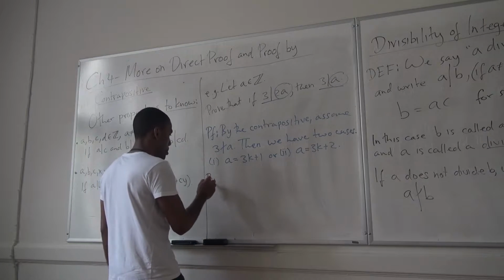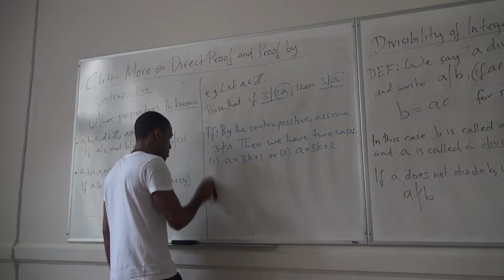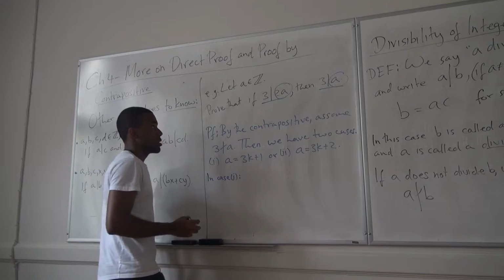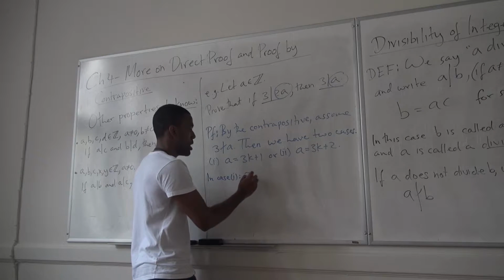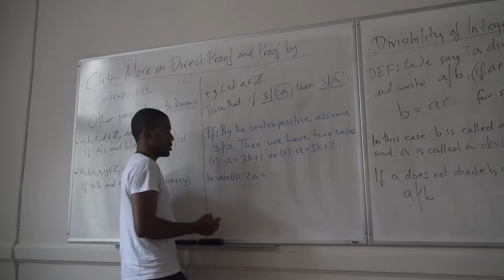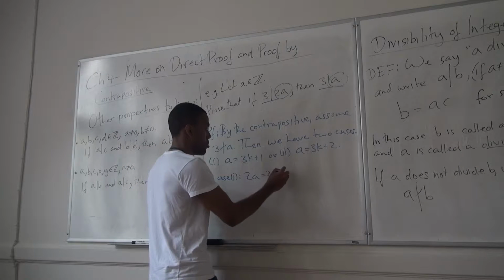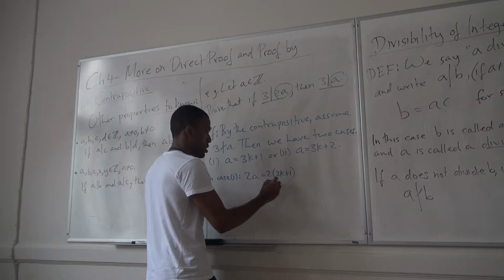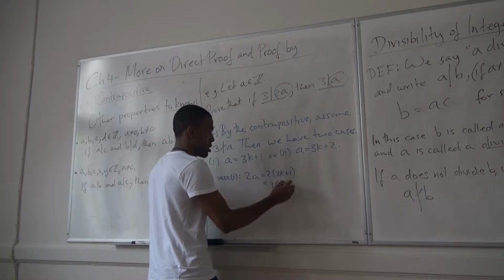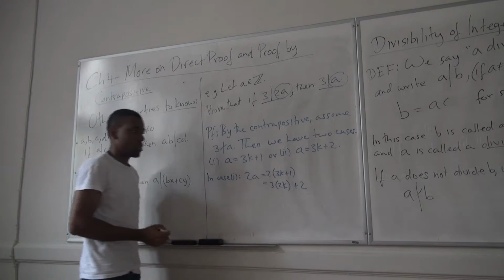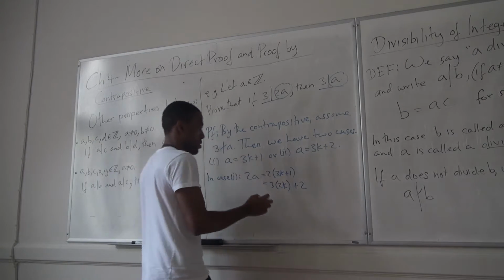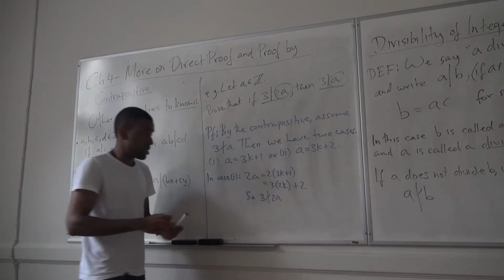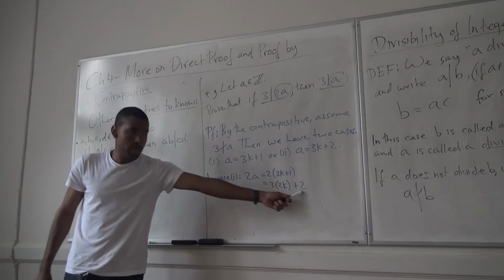So, in case 1, we would then have 2a, right? Which would be 2 times 3k plus 1, which would be 3 times 2k, plus 2, right? So 3 does not divide 2a, right? Because 3 into 2a has a remainder of 2.